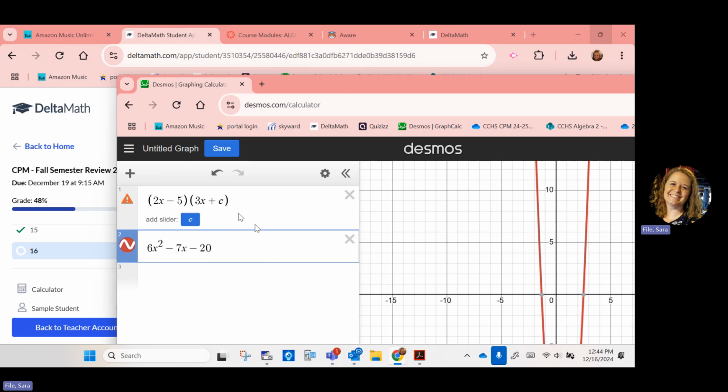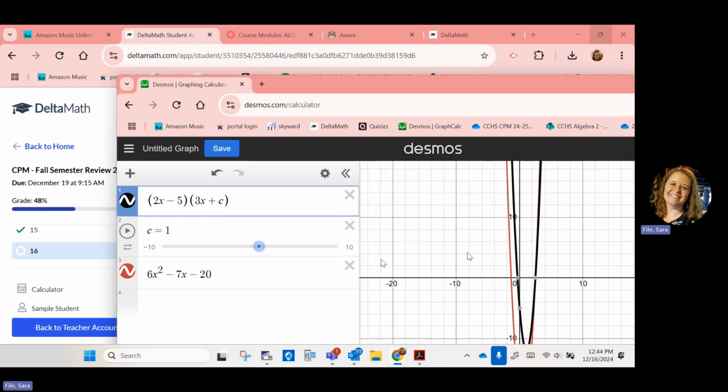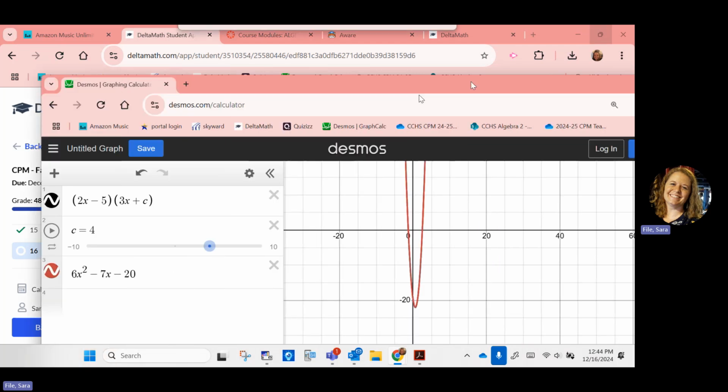So you could plug in all your answer choices in for C. Because we want that black graph to overlap with that red one, I can change my C value until they overlap. And look, there it is. When C is 4, you see how they're the exact same graph? Does everybody see that? So it's when C is 4.